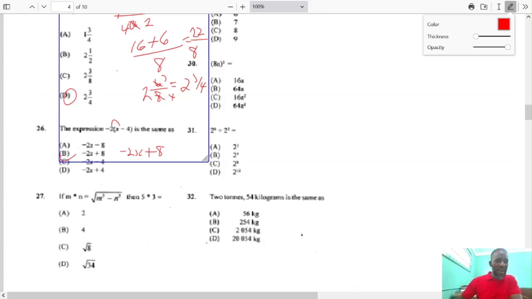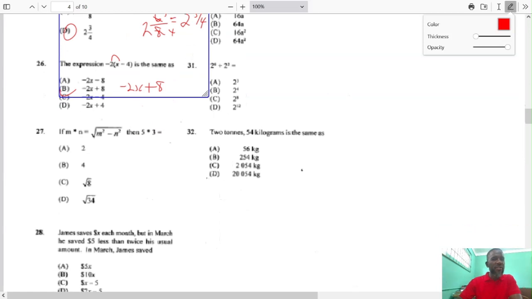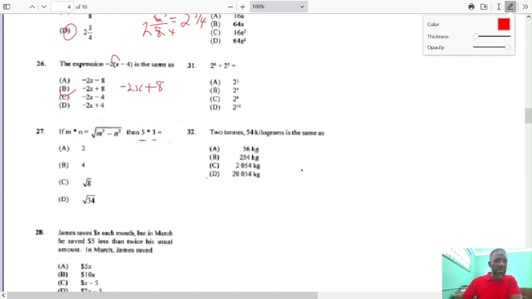All right. Moving on. It says if m asterisk n is equal to that. So here we are talking about binary operations. Okay. So basically, m is equal to 5 and n is equal to 3. So wherever we see m, we are going to substitute it with 5.